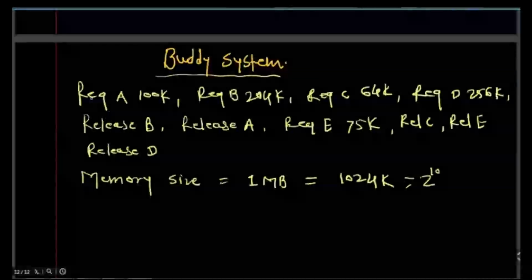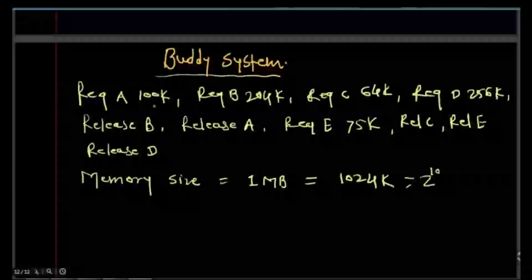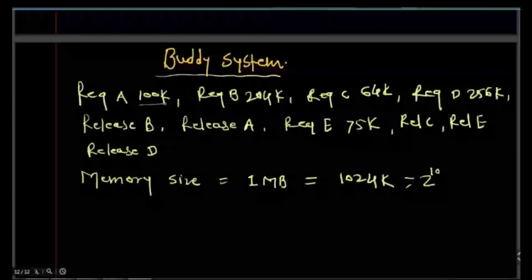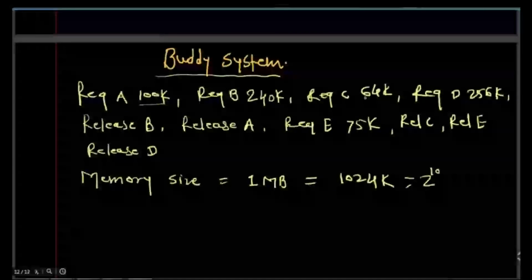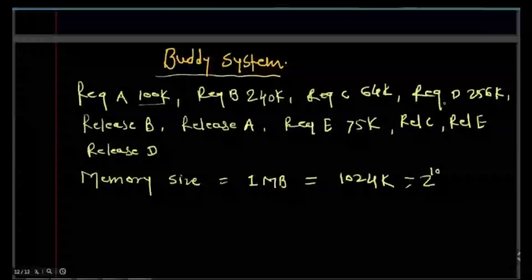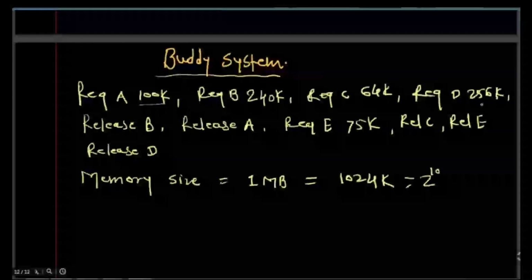So the first request is for process A to allocate in memory and its size is 100K. Request B is 240K. The third request is 64K. The fourth request is 256K.